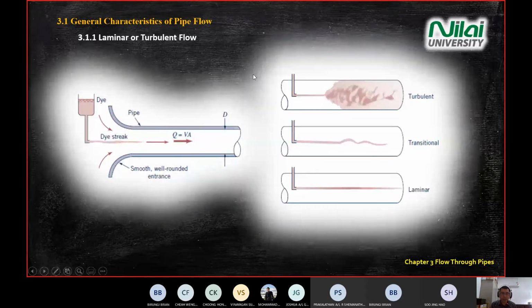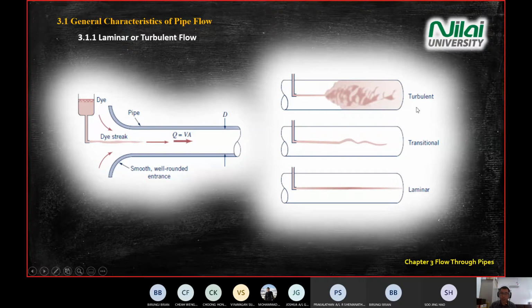Then I will summarize in this diagram. As you can see in diagram number 3, you will see similar behavior to the video. For the first one, if you see that the dye is stirred up along the channel or inside the pipe, you have a turbulent flow inside the pipe system.